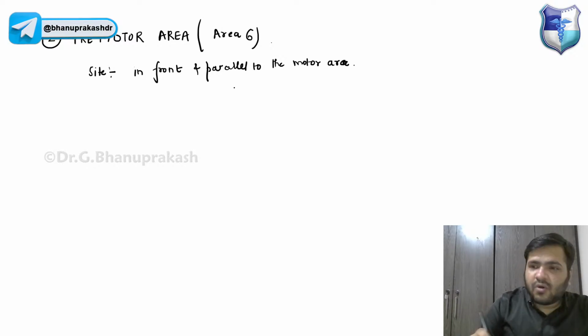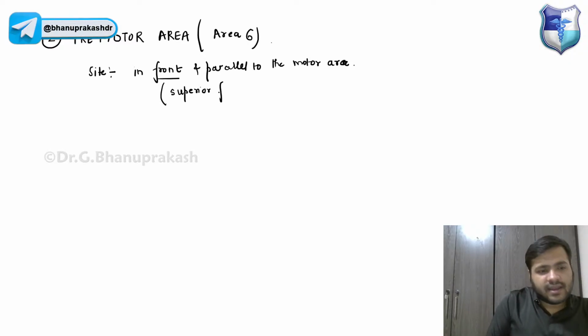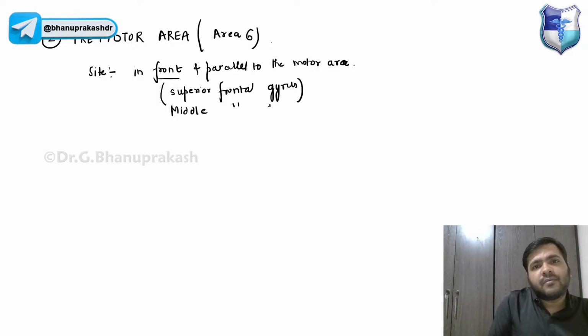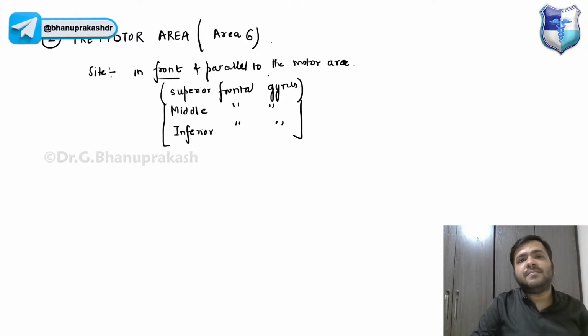Now, guys, when I say in front, it is occupying the superior frontal gyrus, the middle frontal gyrus, and the inferior frontal gyrus. So it is occupying these three gyri and it is parallel.